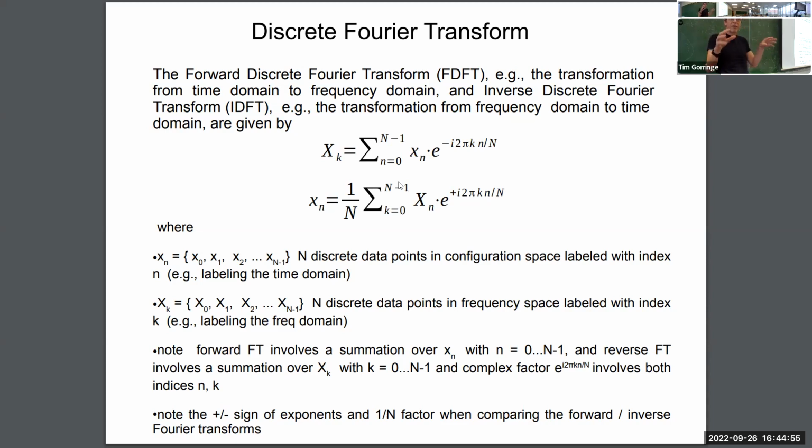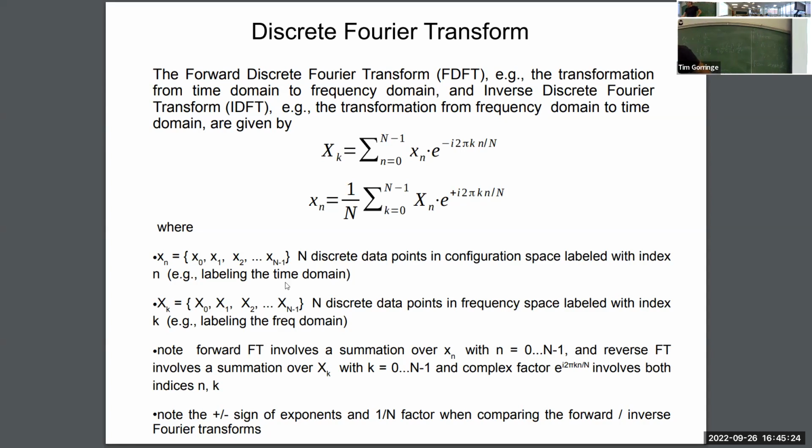So we're sampling some data at certain times, and then we're going to transform that into the frequency domain. We'll also look at how you can transform that frequency data back into the time domain.